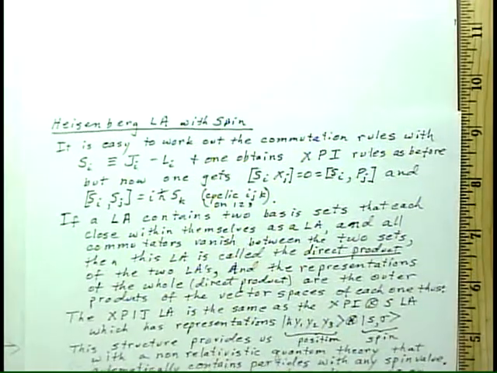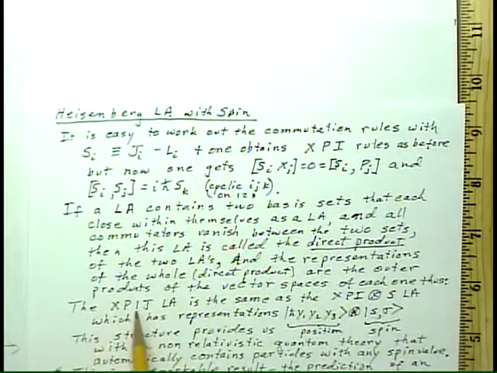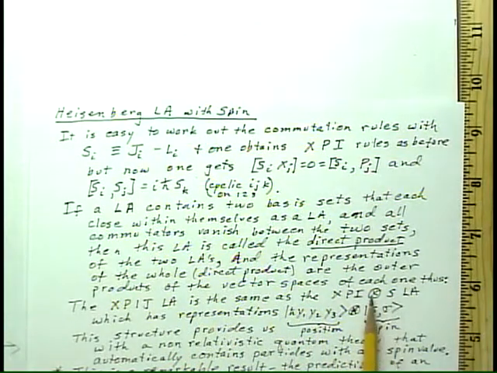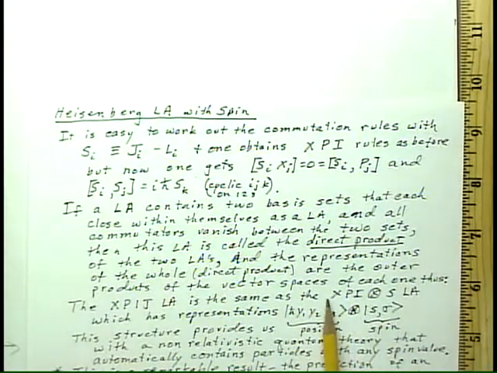Thus the X, P, I, and J Lie algebra, which is 10-dimensional, is exactly the same as the X, P, I, and S Lie algebra, which is a direct-product Lie algebra, meaning that all of the S's commute with all of the X's, P's, and I's.